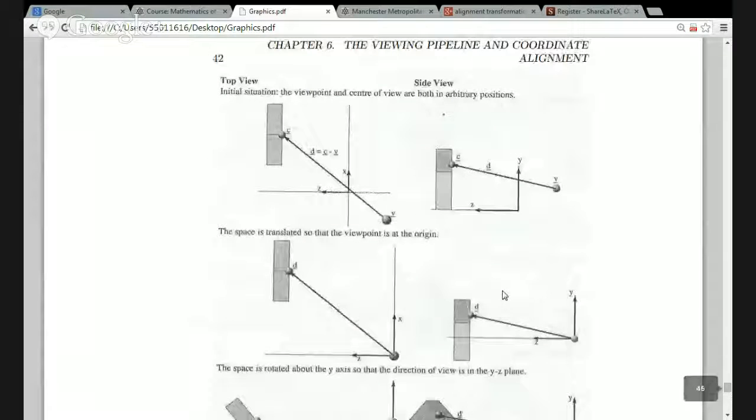So here's another, slightly more precise diagram. There are two particular views given of what's going on here. The first one is a top view. So you see in the diagrams going down the left-hand side, we're just looking down onto the XZ plane. Remember your X, Y, and Z axes.